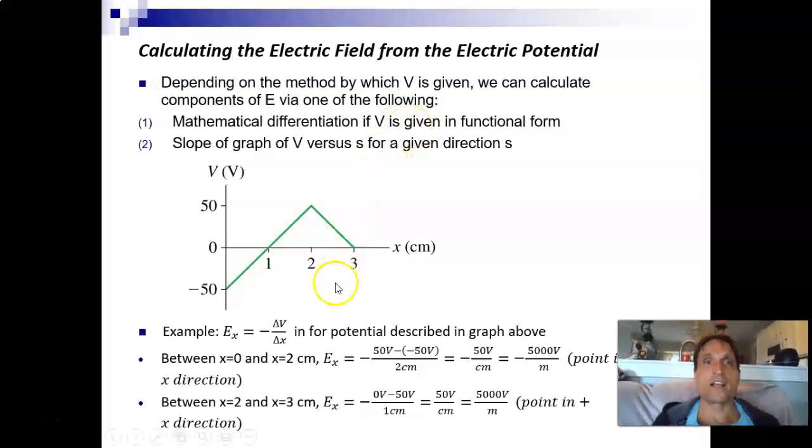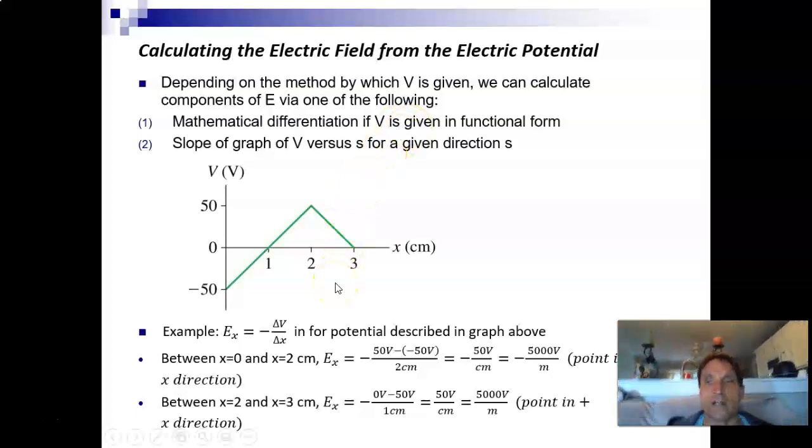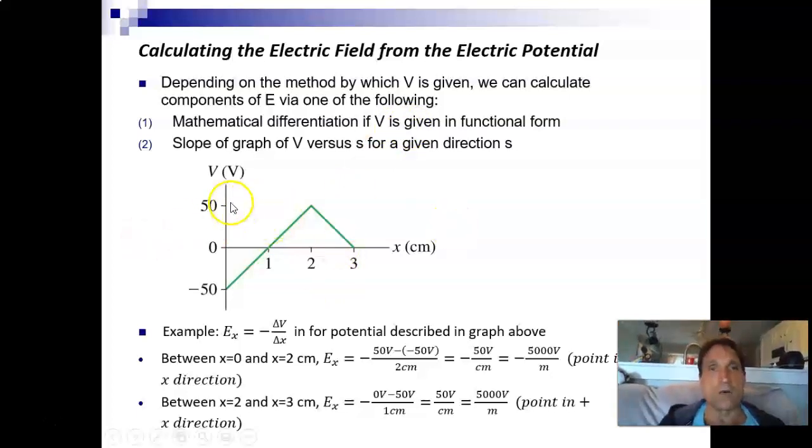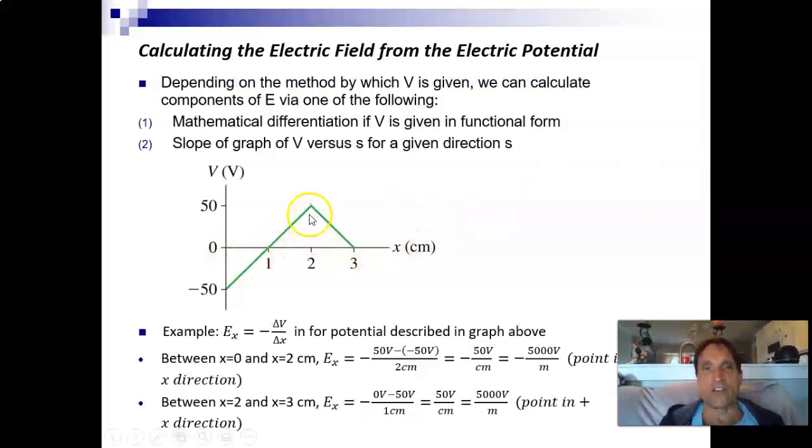A second example, let's do one here. Suppose we have a graph, a plot of how the potential V varies with x. Here V is in volts, and here x is in centimeters. And so the derivative in this case is just the slope of the plot.